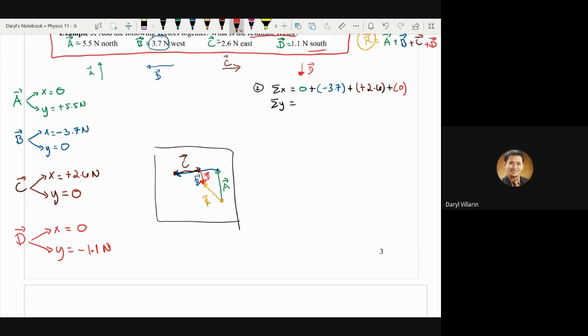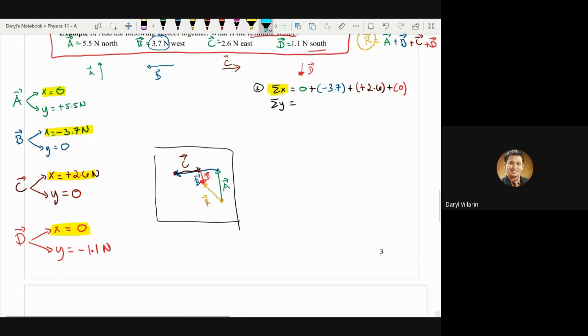So you're just taking the X component of your A, the X component of your B, the X component of your C, and the X component of your D. So this is the summation of all the X.